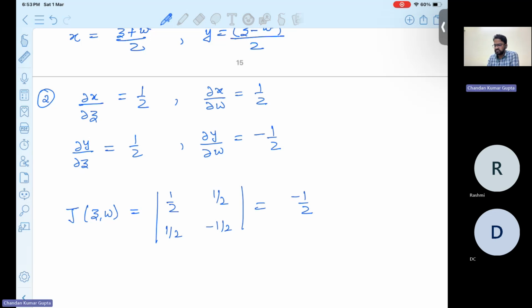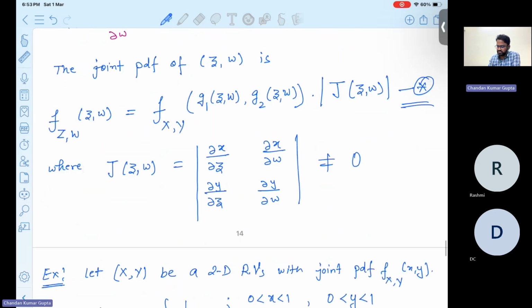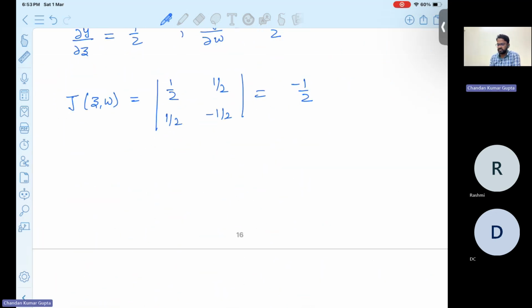Now, since the assumptions are satisfied, the next step is to use this star equation. This expression is used to calculate the joint density.